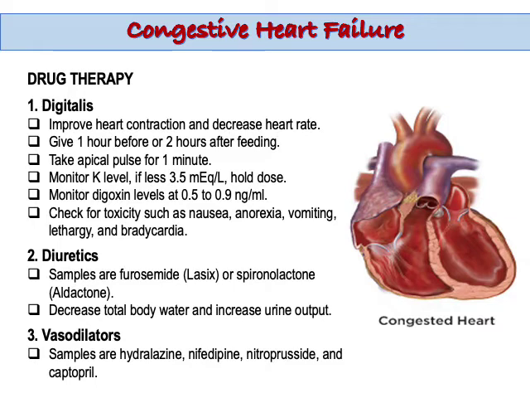You must monitor potassium levels very well to prevent digitalis toxicity. It decreases total body water and increases urine output, so check for blood pressure. Do not give diuretics if the blood pressure is low.